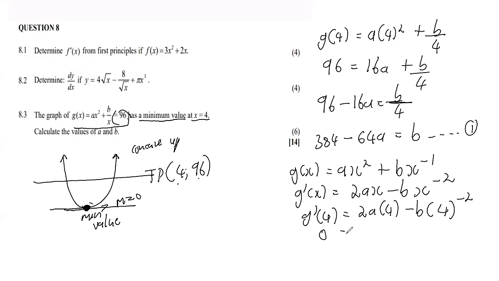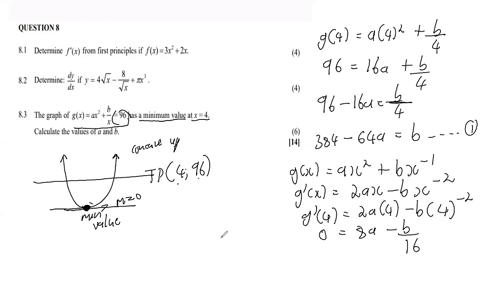So it's 0, and then here we have 2 times 4, that's 8a, and then this one here we have minus b. It should give us 16, so that's 1 over 16, so we have the 16 over here, right? And then having to solve this, we can make b the subject of the formula again by taking the negative b over 16, or the -1 over 16b over to this side.